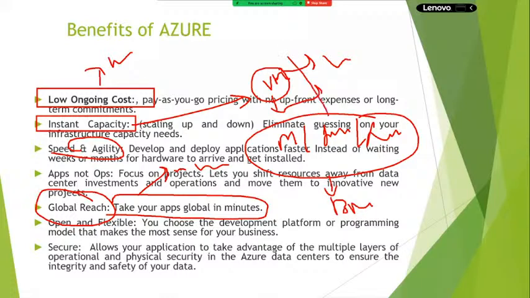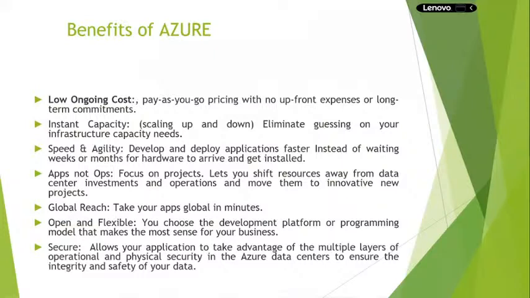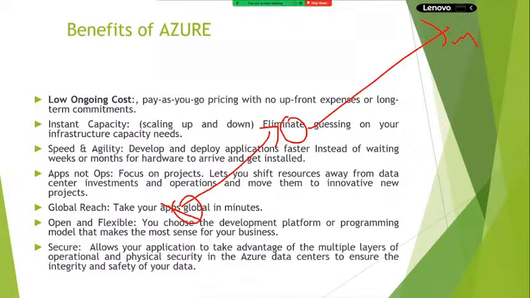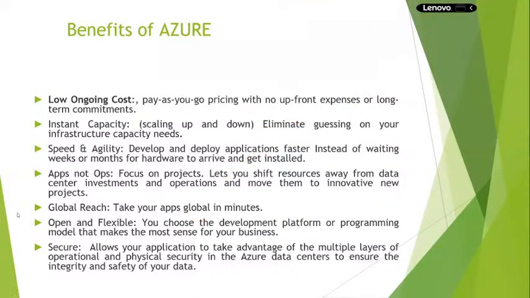Because they are publishing the data across the world to the nearest cache servers. If I access my Facebook, my request will go to the nearest data center, not the main data center. They distribute the content across the globe in minutes.